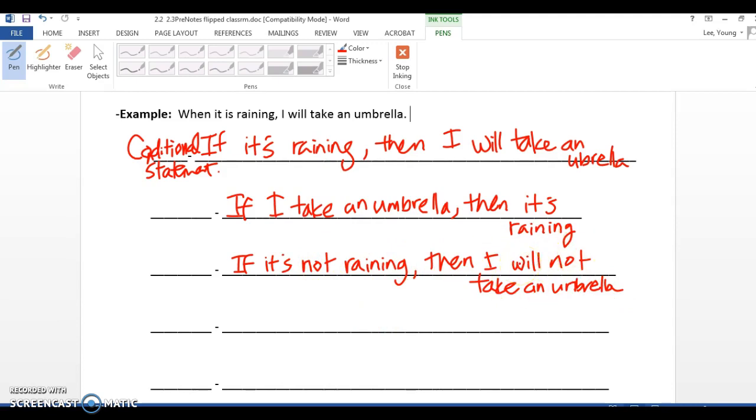What can I also do? I can flip the hypothesis and conclusion and negate them. What do I mean by that? I can swap the hypothesis and conclusion, and also negate them. If I don't take an umbrella, then it's not raining.